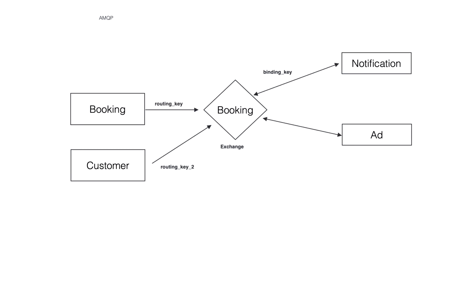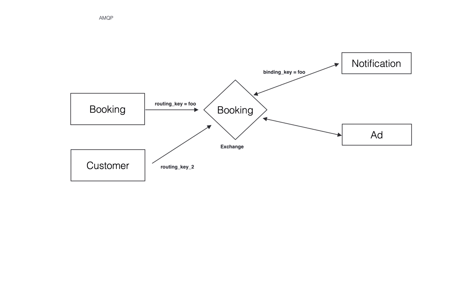Anytime the routing key matches the binding key, the message will get redirected to that queue. For example, if the routing key is foo and the binding key is also foo, any message which comes to the booking service with routing key foo will get redirected to this binding, and this is called a direct exchange. There is also an exchange called topic exchange.